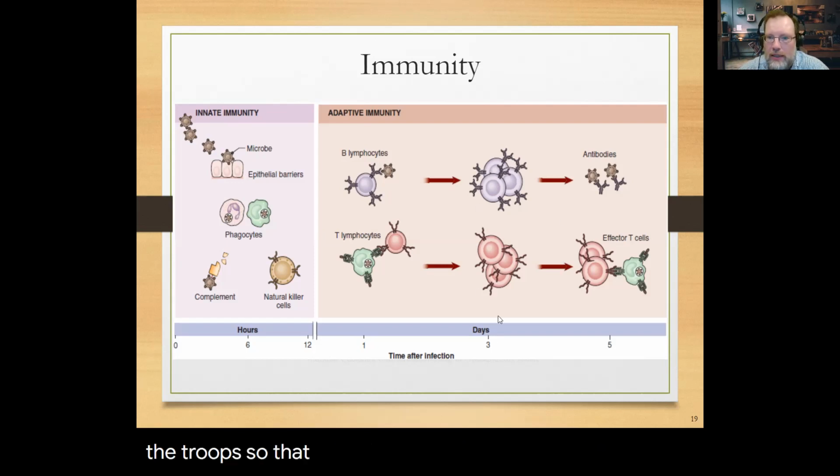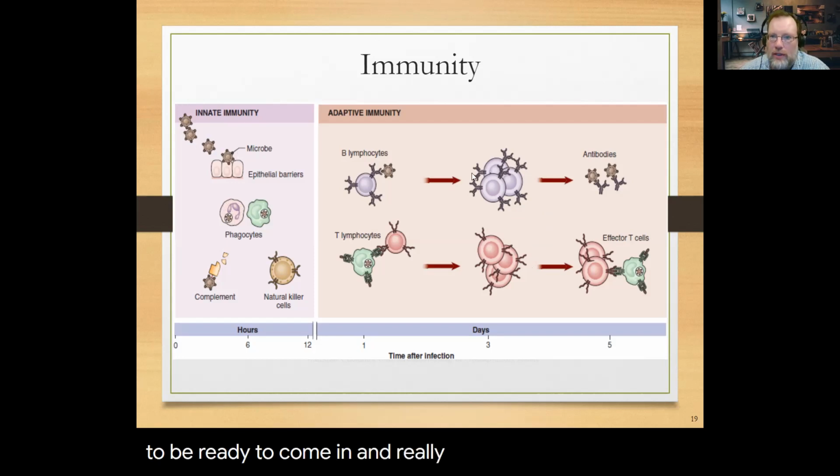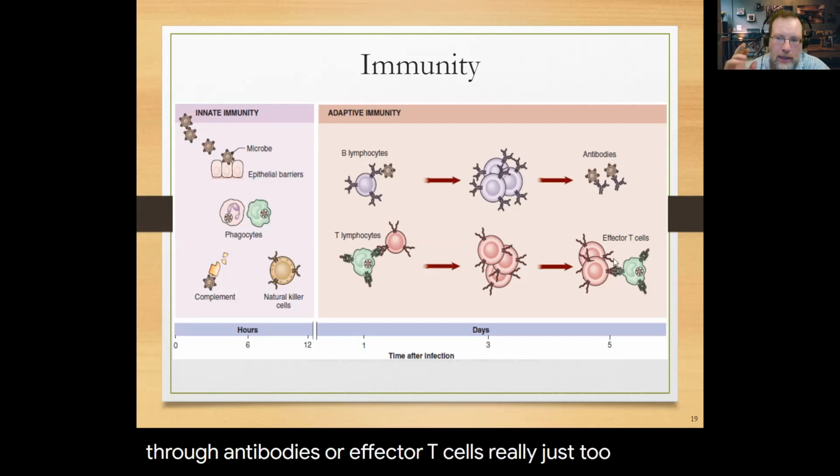So that usually takes 3 to 5 days. So anyhow, by day 3 of a flu infection, these guys are going to be ready to come in and really destroy and take care of, through antibodies or effector T cells, whatever virus is left.